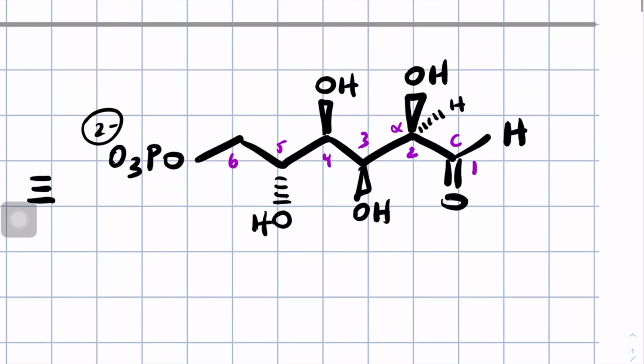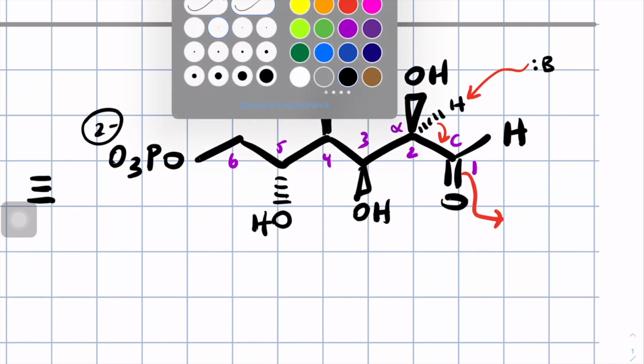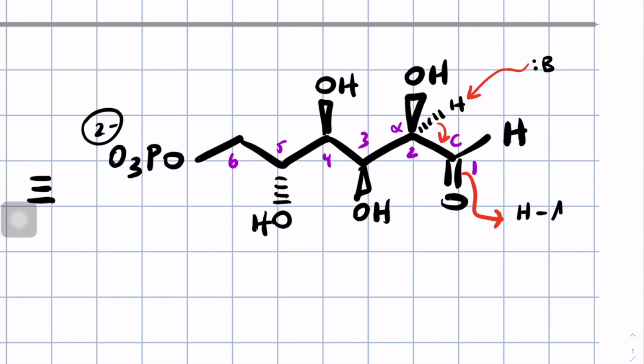So the first step is for us to remove the alpha proton, and that's going to generate an enolate. The negative charge would be delocalized on both the alpha carbon and on the carbonyl oxygen. And we could show that enolate as an intermediate, but it might be easier for us to simply show that enolate getting protonated directly on the carbonyl oxygen.